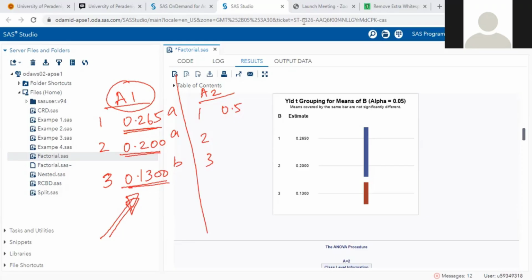The time requirement. So if a program comes within a shorter time period, is that program good? Or if the program comes after submission in a longer time, is that good? Shorter time is good. So what is good here? A1, 3. You understand?